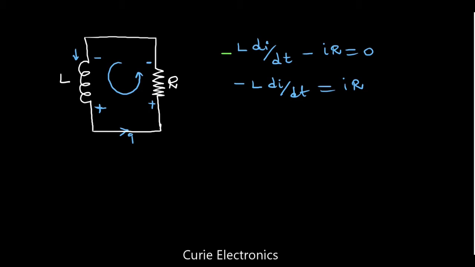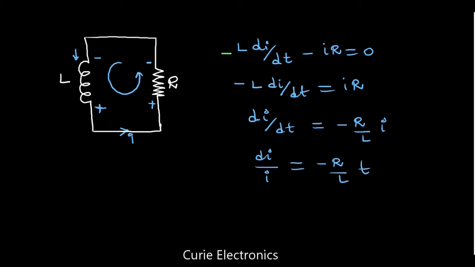So di upon dt equals minus R upon L I. Now same, I we will bring to the left side, dt we will take to the right side. So minus R upon L t.